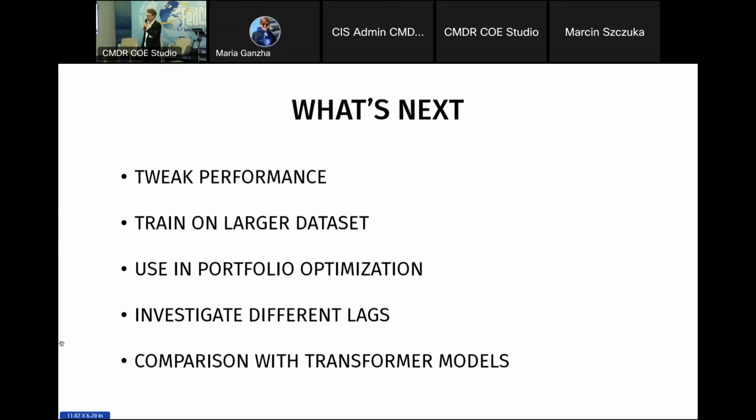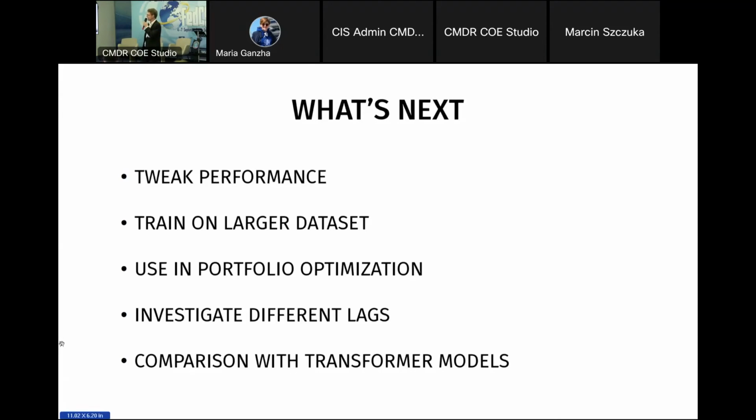Which is related to 2 points, I would say. The fact that we still need to tweak the performance of the implementation so it can manage larger data sets, which again is the second point here, that we need to verify the method on a larger data set.